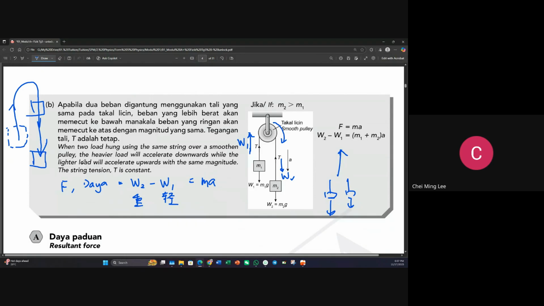Same string means they are pulling on the same side. So the total mass will be mass 1 plus mass 2. Can you understand? OK, can understand. Because when it moves to the back, you pull down like this, and you can exert this force to this place, so the two of them are like going down together. So why do I use M1 plus M2 on my side? Because they go down together. Understood. Can you understand? Yes. All right, got this down.